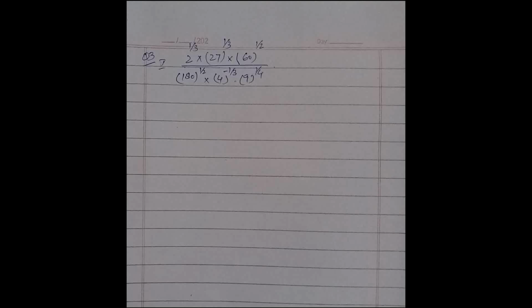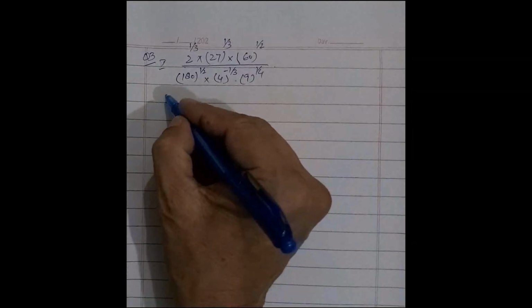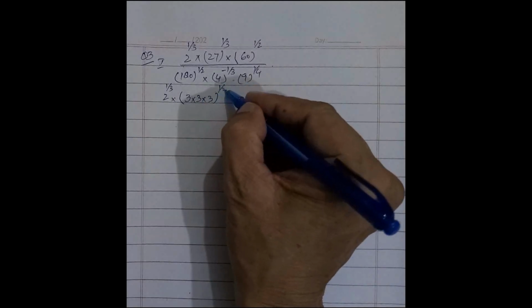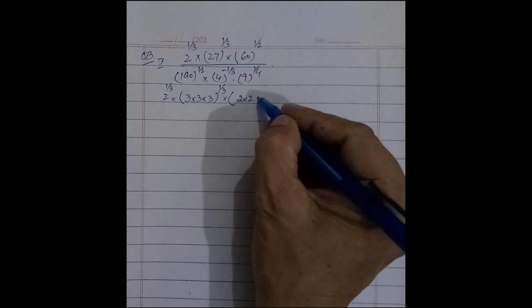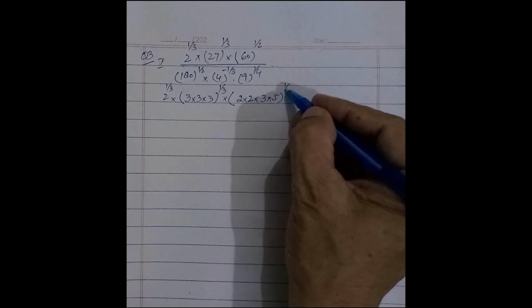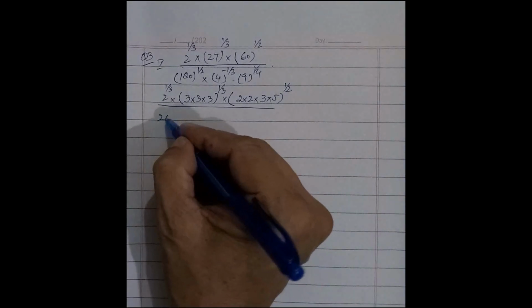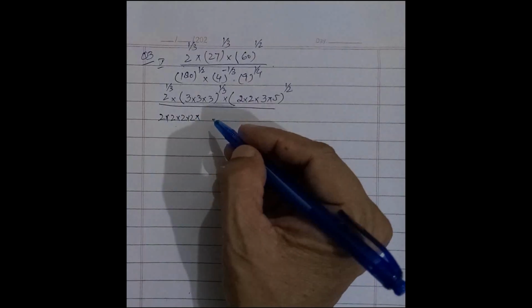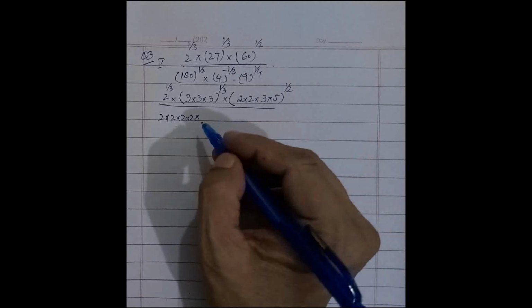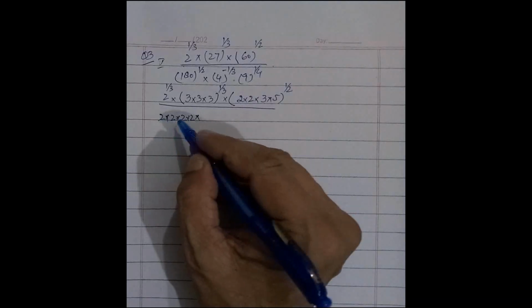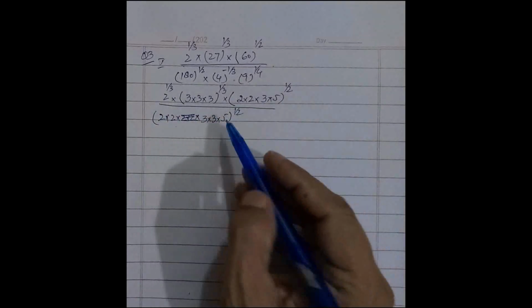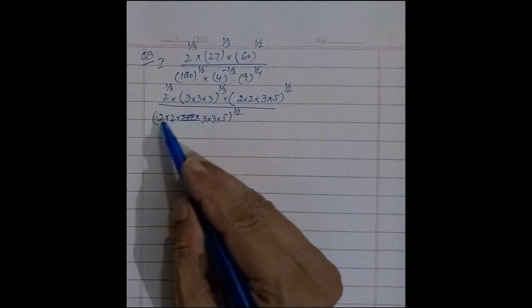And first we break up these values by prime factors, which is 2's power 1 over 3 multiplied by 27, meaning 3 multiplied by 3 multiplied by 3's power 1 over 3, and the other is 60, 2 multiplied by 2 multiplied by 3 multiplied by 5's power 1 over 2, and the denominator is 2 multiplied by 2 multiplied by 3 multiplied by 3 multiplied by 5 whole power 1 over 2, because 5 threes are 15, 15 threes are 45, 45 twos are 90, and 90 twos are 180.